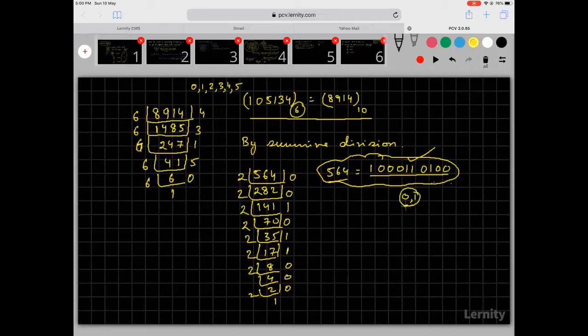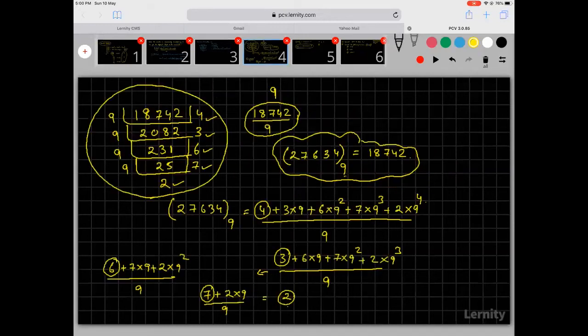So how many digits have been used? 2 digits. How many digits have been used here? 1, 2, 3, 4, 5, 6 digits. When I was converting numbers to the base 9, what are the digits that could be used? 0, 1, 2, 3, 4, 5, 6, 7, 8.